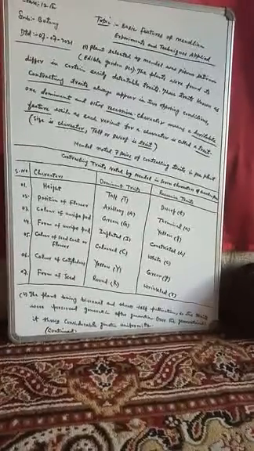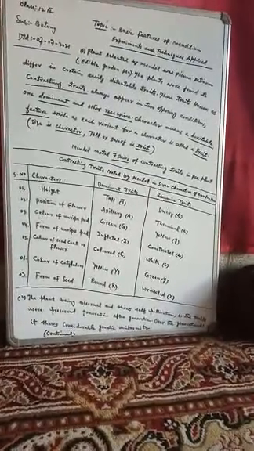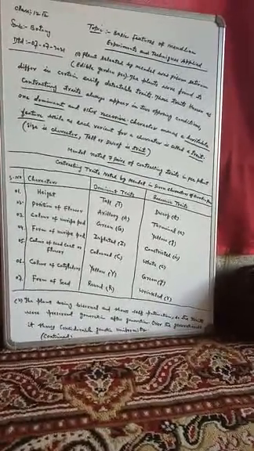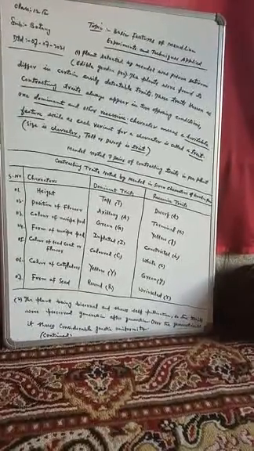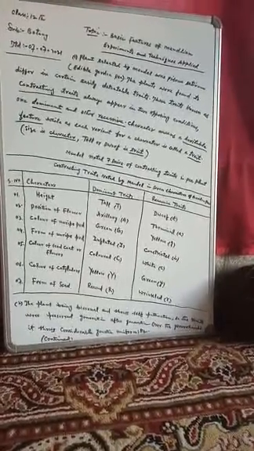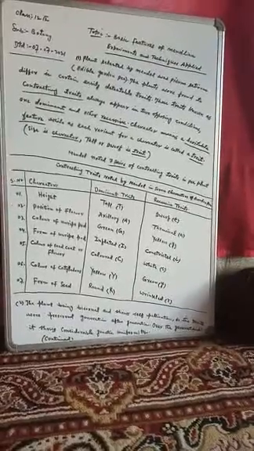The first column of the table is the serial number, and the second is the character. The third one is the dominant traits, while the fourth is called the recessive traits.